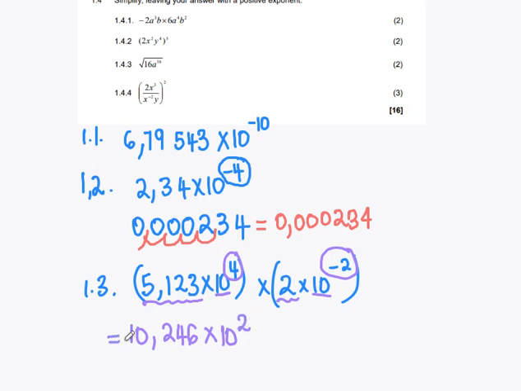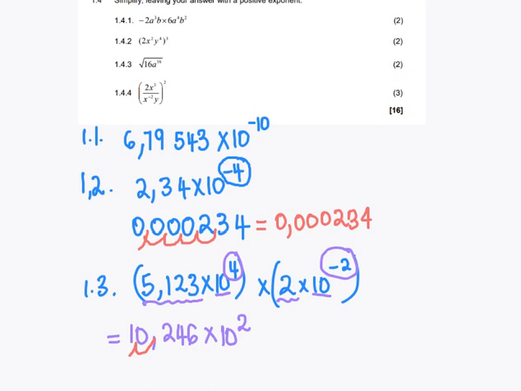However, we're not done, because remember when we're doing scientific notation, we need to have only one digit before the decimal. So we must move this decimal place one digit to the front.